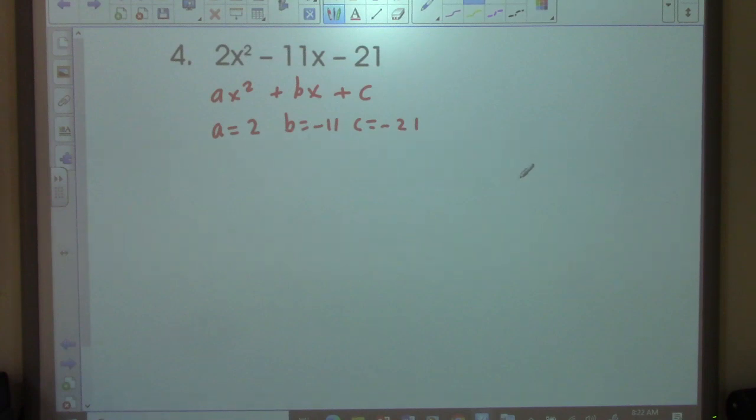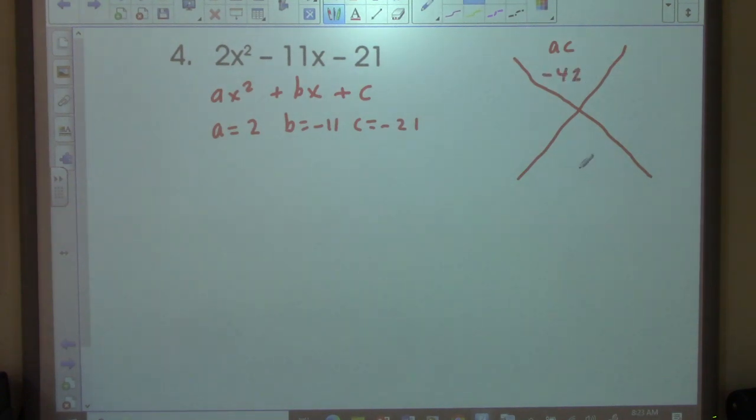You set up an X, which is why they sometimes call this the X method. On the top of the X, you put the product of a and c. So you multiply a, which is 2, by c, which is negative 21. What's 2 times negative 21? Negative 42.